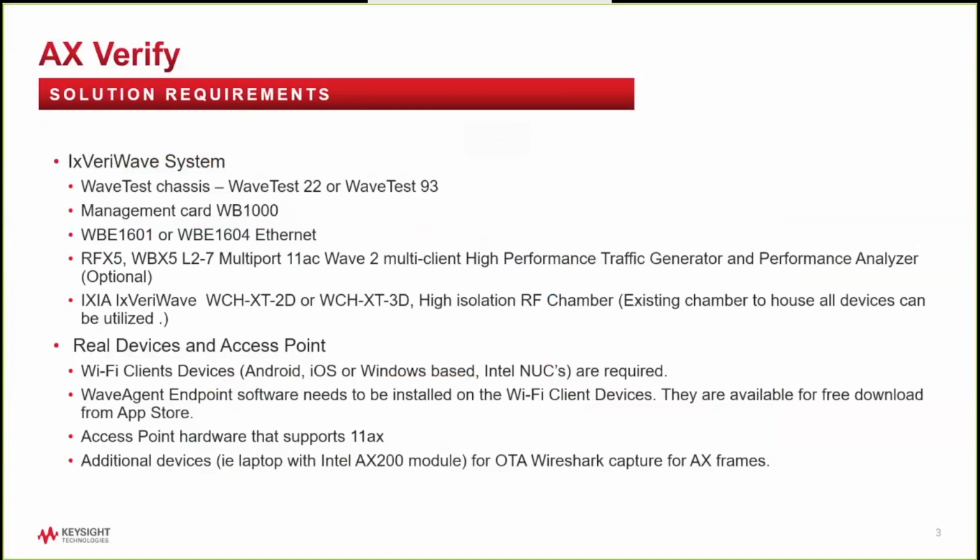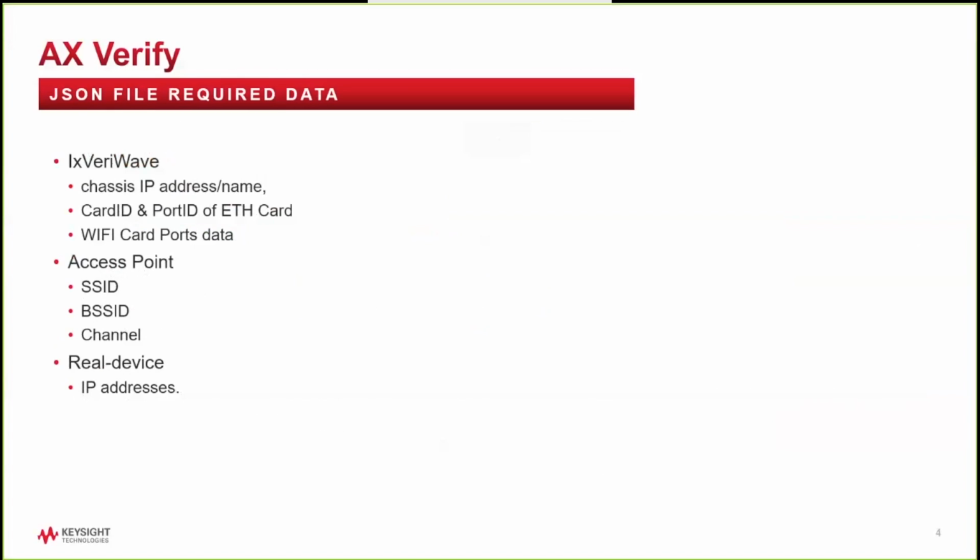In addition to these components, you will also need to gather certain information for your testbed once you have everything up and running. The information includes from the iX Fairwave chassis the IP address or chassis name, the card ID or port ID of the Ethernet card, the Wi-Fi card port data, the access point.